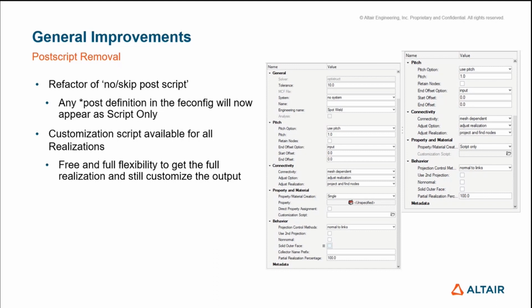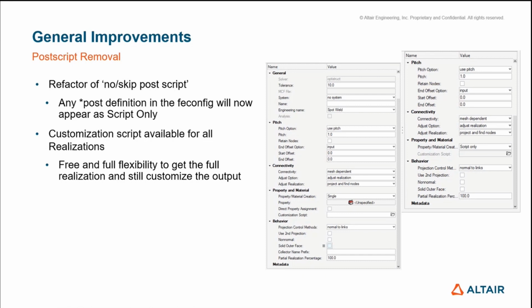So it's really just a way of allowing you to automate the end tasks that you do post connector creation. It's available on all realizations now rather than just a small subset. So this is really closing the loop on the difference between the old type of realizations, the new type of realizations, what was historically PostScripts, what was historically this.